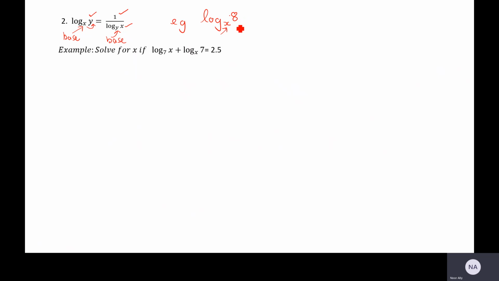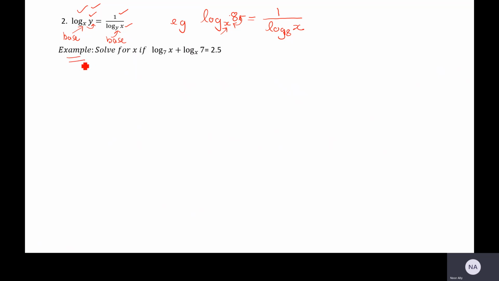You would like the 8 to be the base, so you want these two values to switch around, and you can do that using this law. So what will that become? 1 divided by the log of, now switch them around, x to the base 8. Now I have a nice natural number as my base.